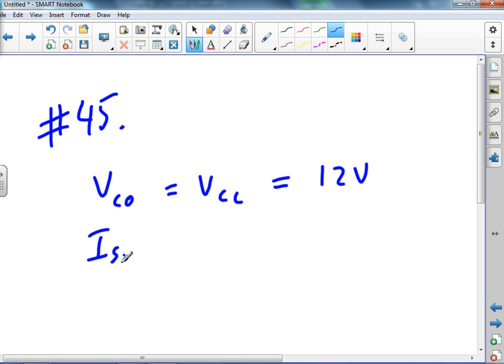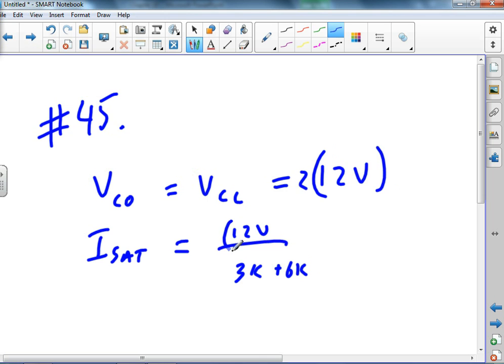Current at saturation is going to be that 12 volts divided by 3K plus 6K, 2 times. You notice that we have plus and minus voltage on this? They snuck in plus and minus voltages on us instead of grounding the emitter. Bunch of hosers.